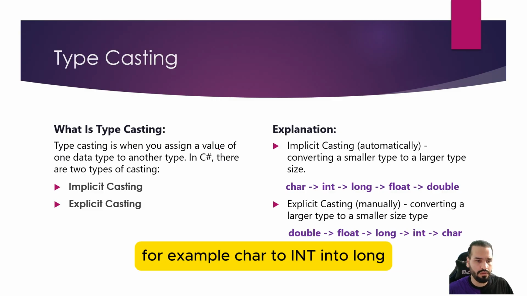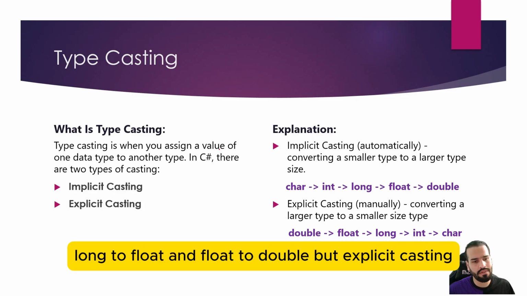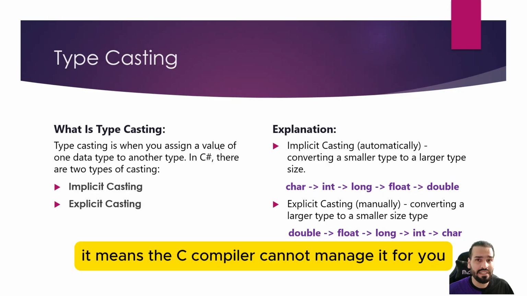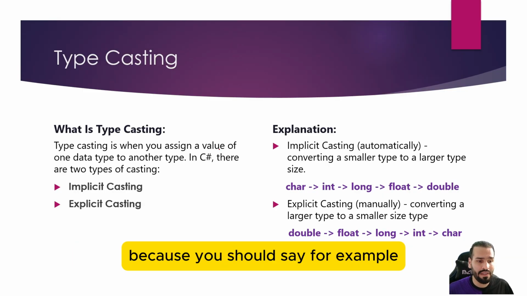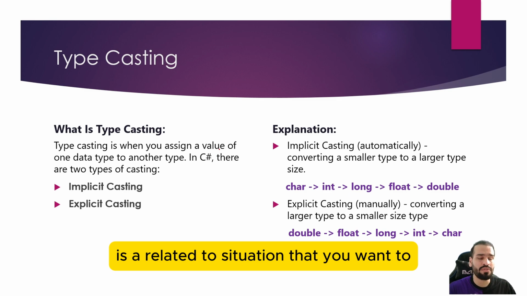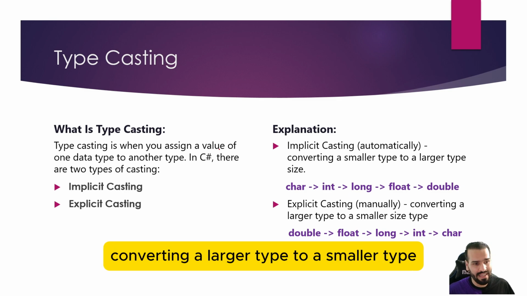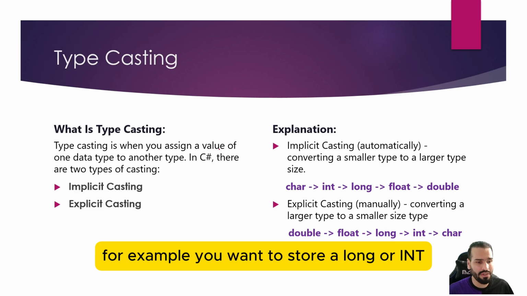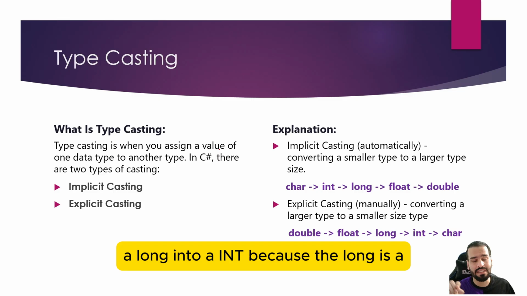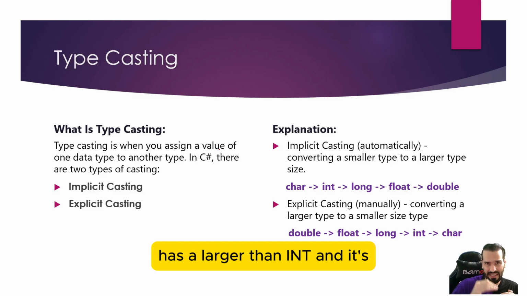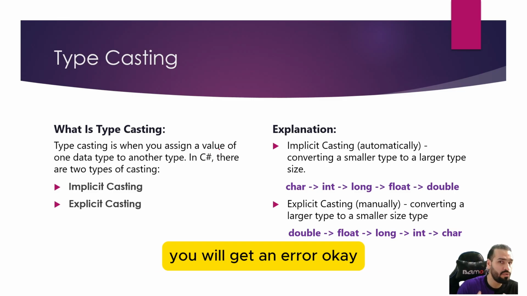For example, char to int, int to long, long to float, and float to double. But explicit casting we call manual. It means the compiler cannot manage it for you, because you are converting a larger type to a smaller type. For example, you want to store a long into an int, because long is larger than int, and you will get an error.